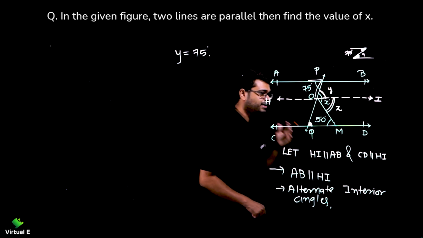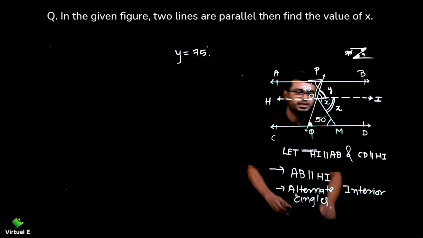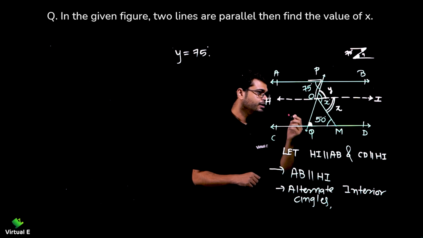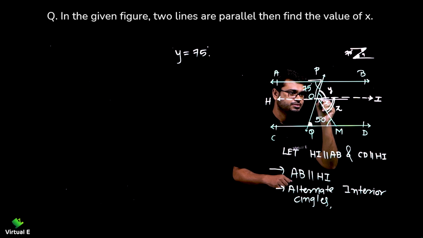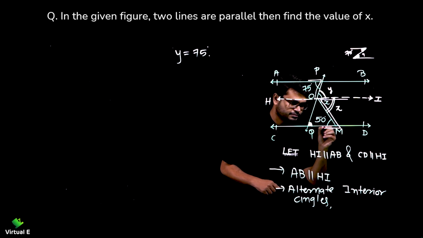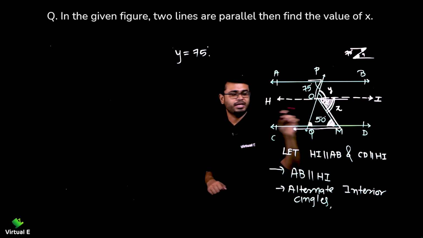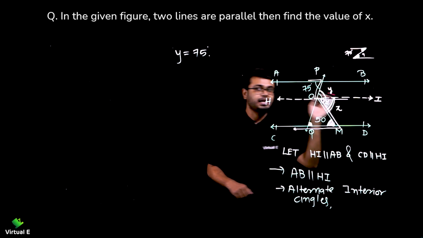Now similarly, can we do with this lower part as well? Think of it and observe. Yes, the figure looks very complicated, though you can try. So this is 50 and this part you want to find, right? So see over here, this line, yes, it is forming Z, right? We have this part and we want to get the value of this part. So this is forming Z, and here the parallel lines are CD and HI.